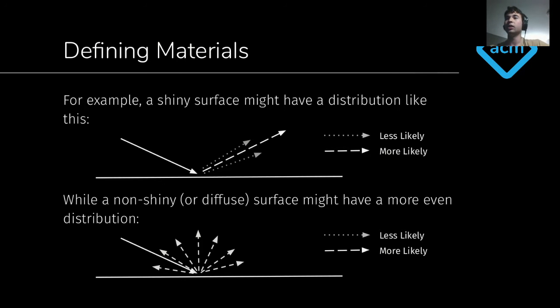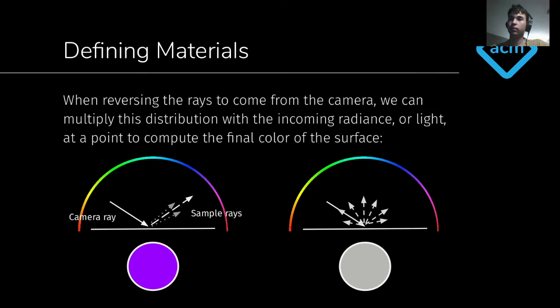But if we hit a non-shiny surface, like a diffuse surface, maybe my mouse pad or something like that, then that might have a more even distribution across all the different directions. Okay, so what if we do this in reverse as in ray tracing? As we do in ray tracing, the camera rays don't come from a light source, they come from a camera.